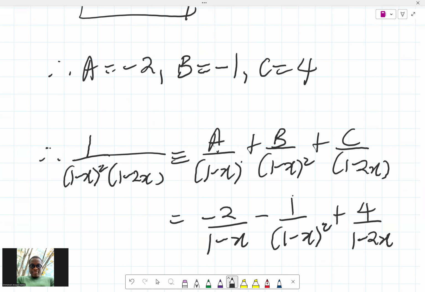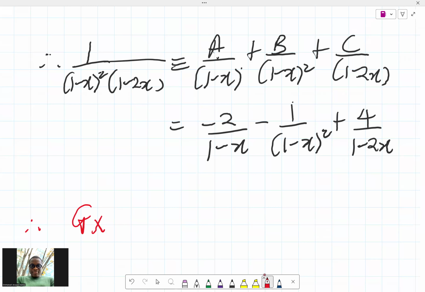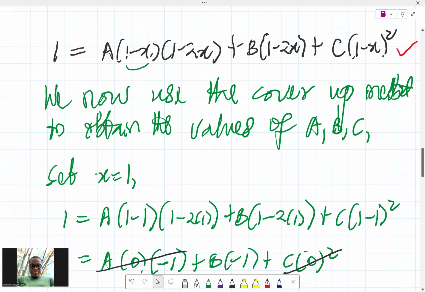And with this now, we can break all these things down as much as possible, right? So that means we can now expand each term. Using what we have, we can say, therefore, g of x, what was the original thing we're given?